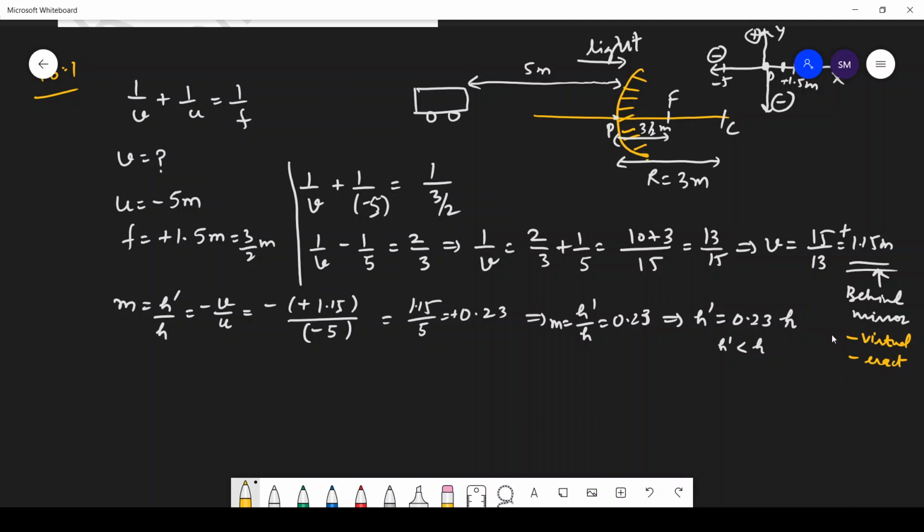Okay, so this is what we came to know from this positive sign, and from here we have seen that it is smaller in size. So from here we have analyzed that the image is smaller in size, by factor 0.23.